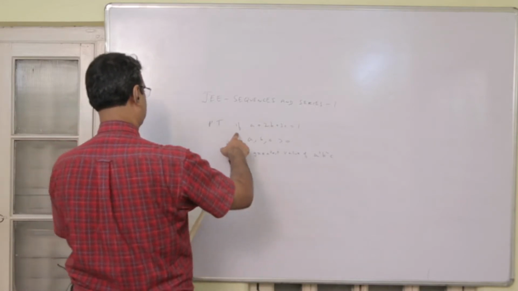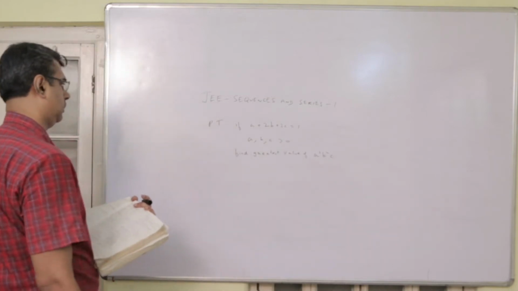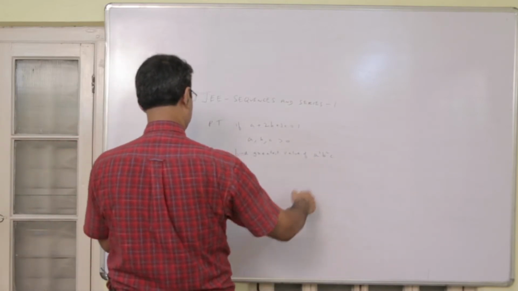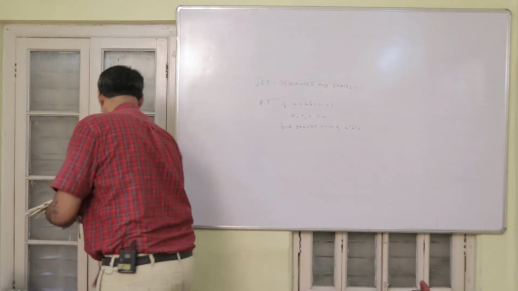This is the question. If a plus 2b plus 3c is 1 and a, b, c are positive real, what is the greatest value of a cube b square c?